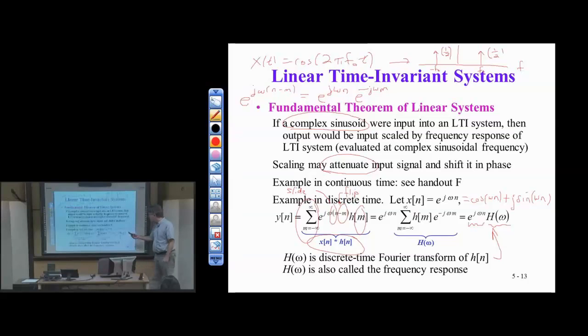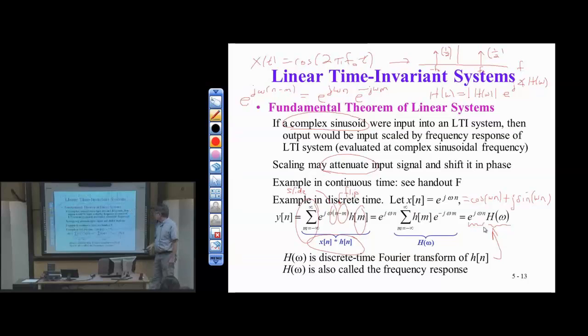Okay? So H of omega is a complex valued function of a real variable omega. So we can write H of omega as a magnitude and a phase. That means that, again, if the magnitude is 0, then that frequency is zeroed out, doesn't get through the filter.